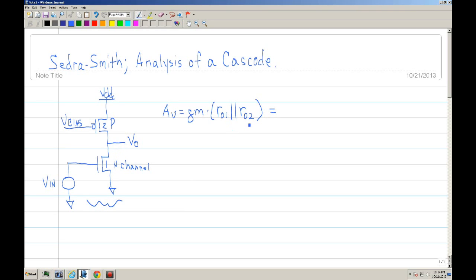Okay, so let's just see how that is derived. By symmetry, if we do the analysis for the N channel, then the P channel should be the same. To derive the impedance looking into the drain, we can draw a small signal model, like so.